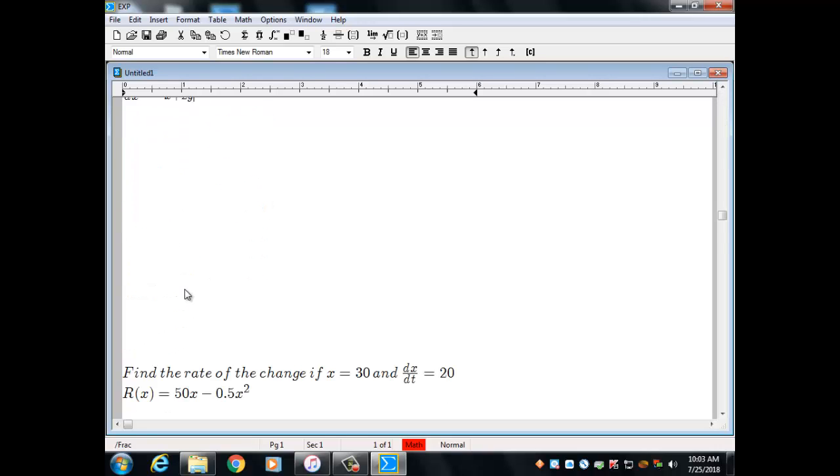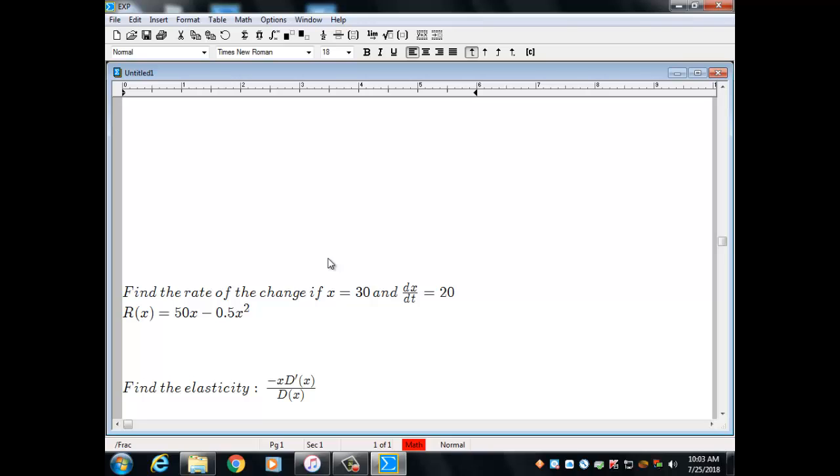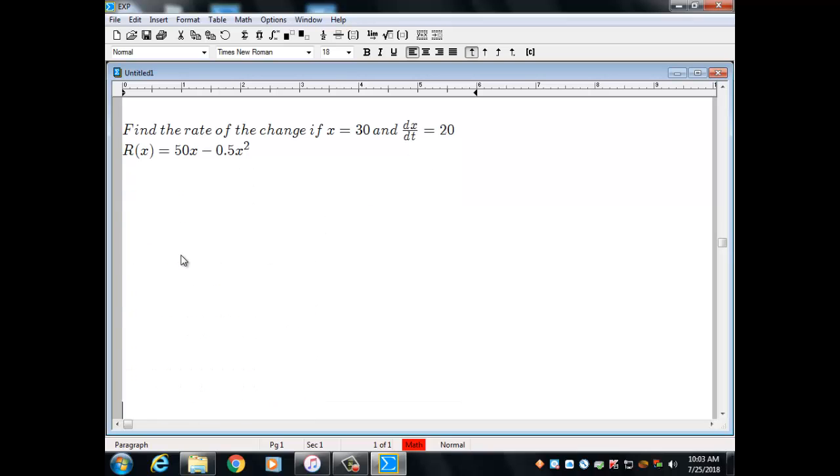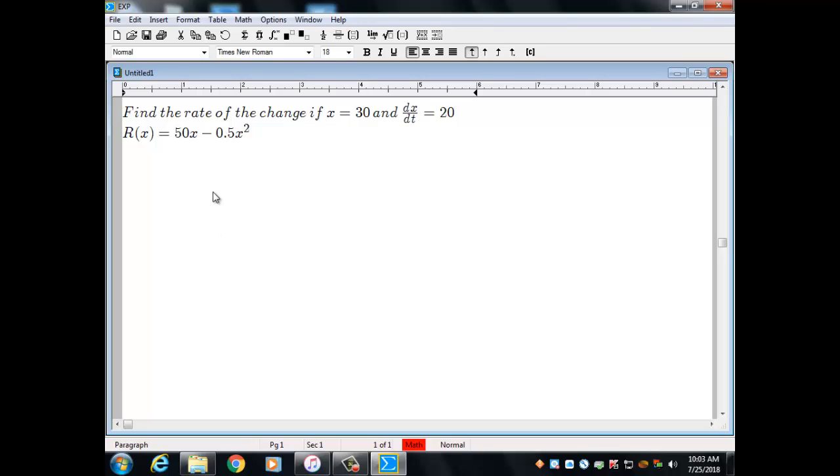Now, find the rate of change when x is equal to 30. To find the rate of change, x is equal to 30, dx/dt is equal to 20, this is the way you're going to do that. You're going to take the derivative of this piece with respect to t. Okay?